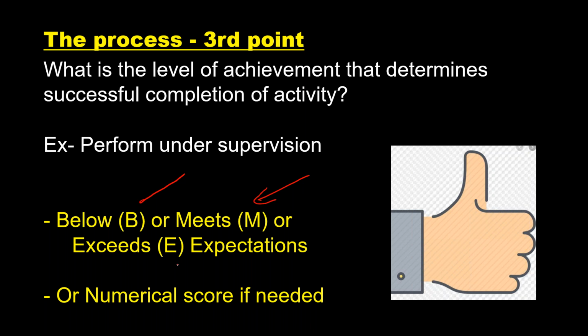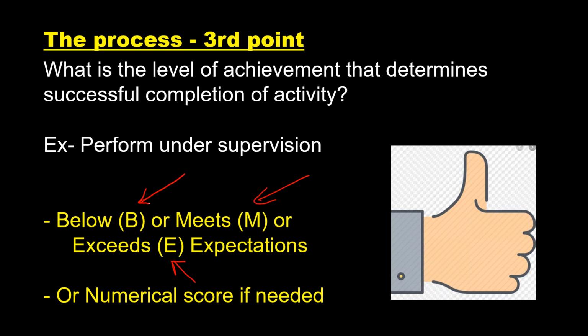Even some students can exceed the expectation, then we can write E. But at times a student may perform below the expected level of performance. His or her performance may not be up to the level that we want. In that case, what can be done?